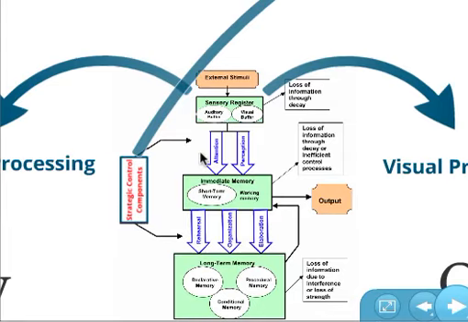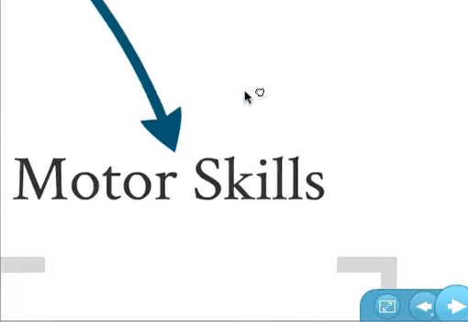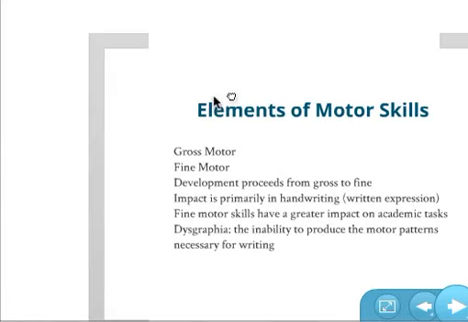To attend, in their actual perception and in their ability to hold on to that information and rehearse, organize it, and elaborate on it to get it into their long-term memory. Let's take a look at what some of those motor skills issues might be.